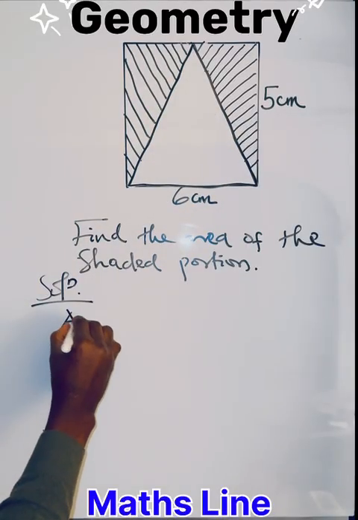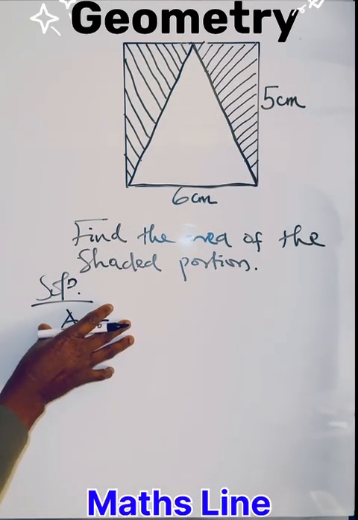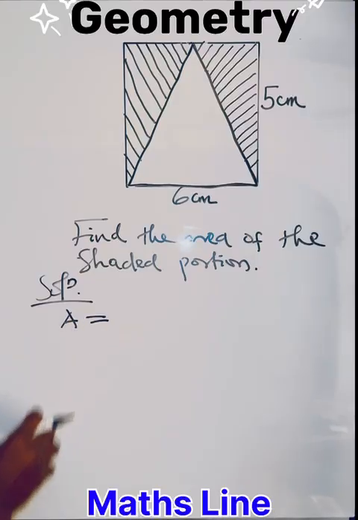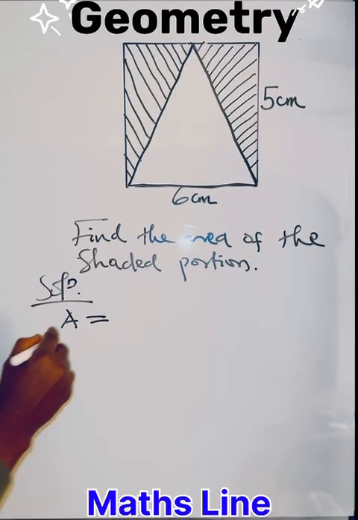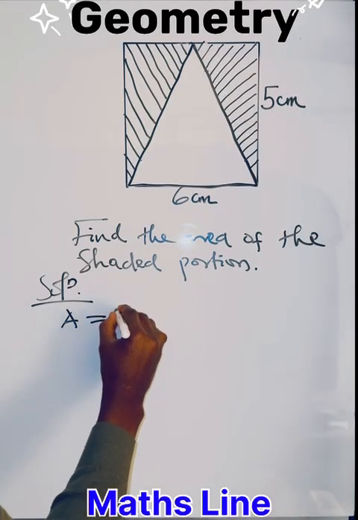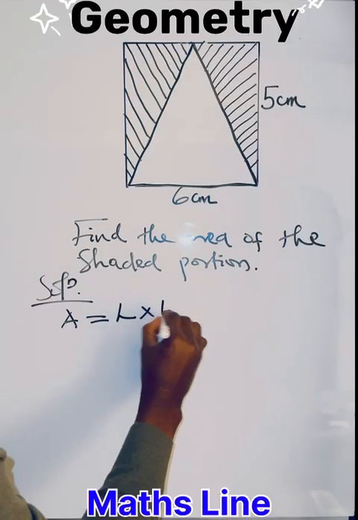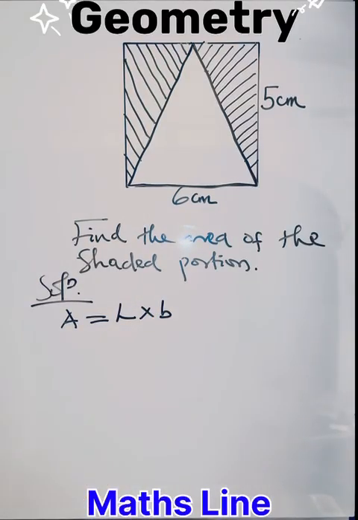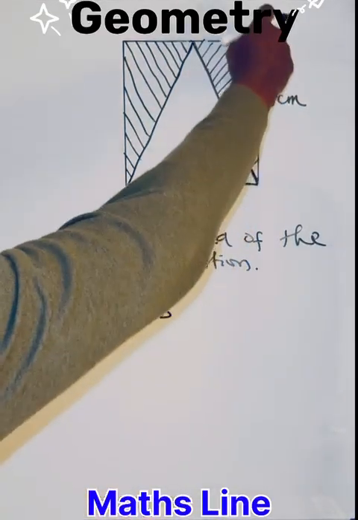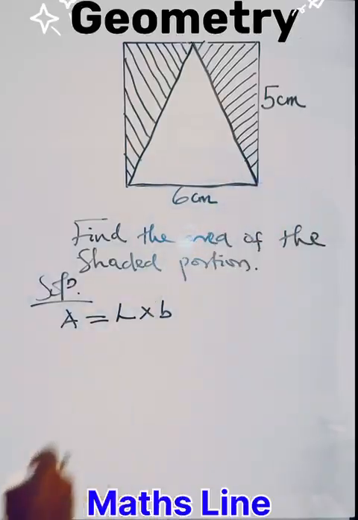So the area of a rectangle, we use A to identify area, and we say that the area of a rectangle is length times breadth. And where is the length here? The length is what we have here, and this is the breadth.